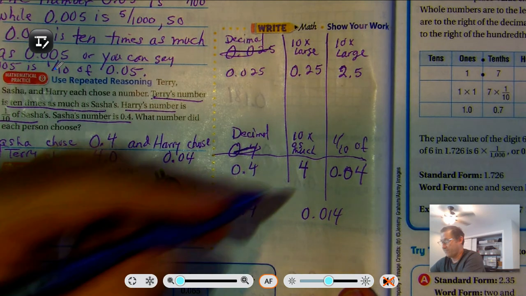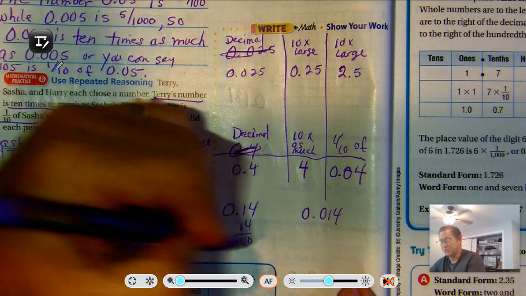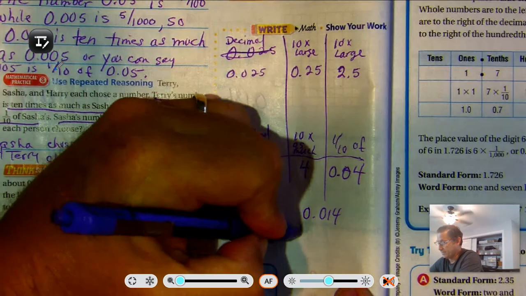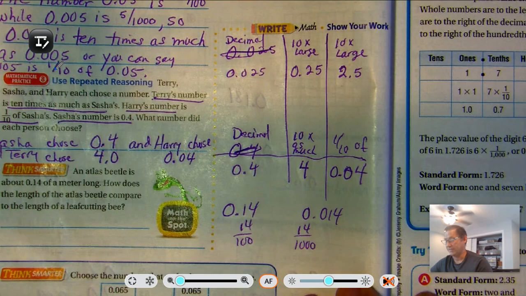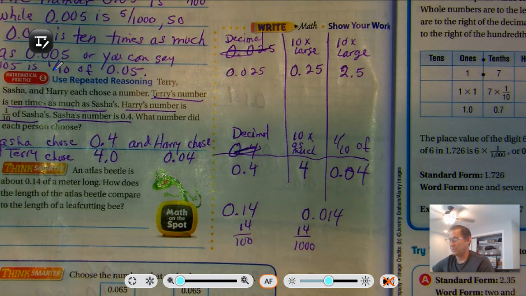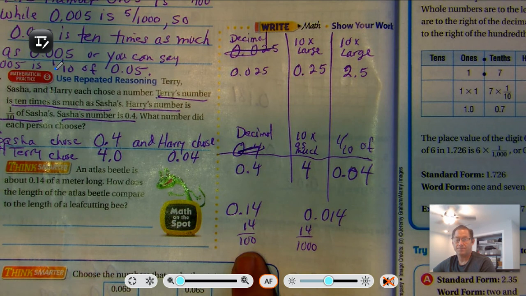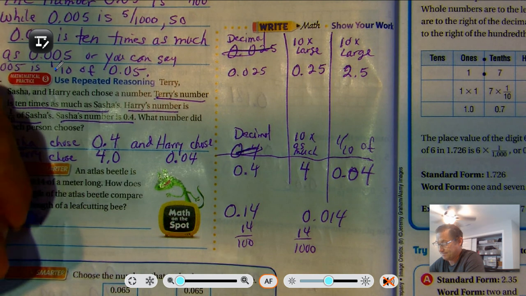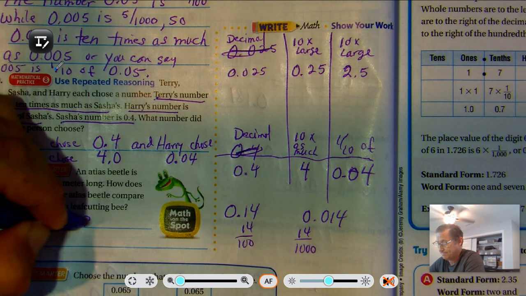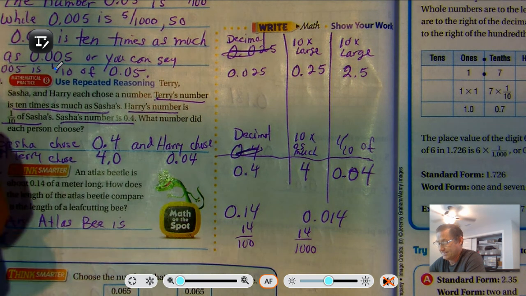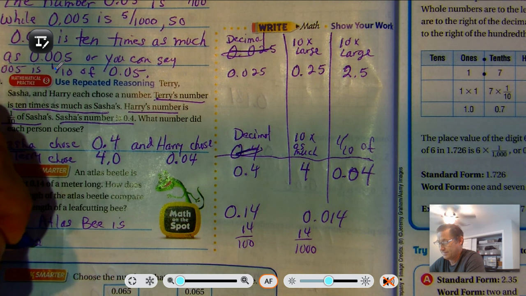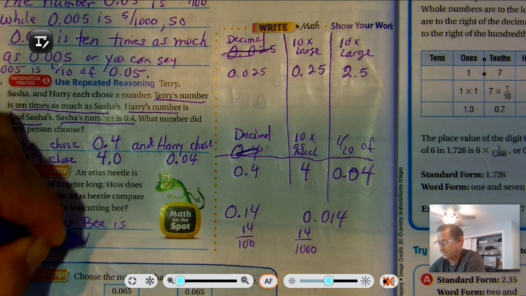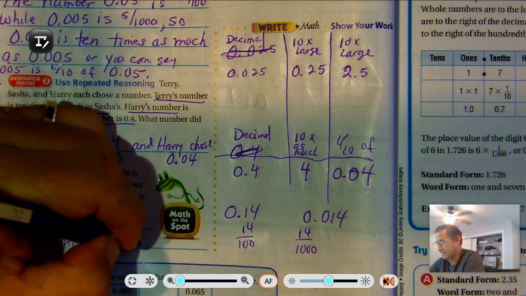Well, this one's 14/100ths, and this one is 14,000ths. So the atlas beetle is bigger by how much? 10 times. An atlas beetle is 10 times as much as a leaf-cutting bee.